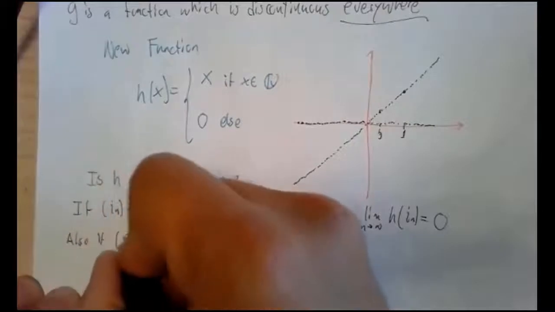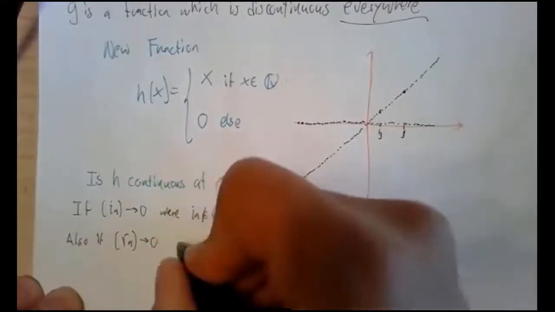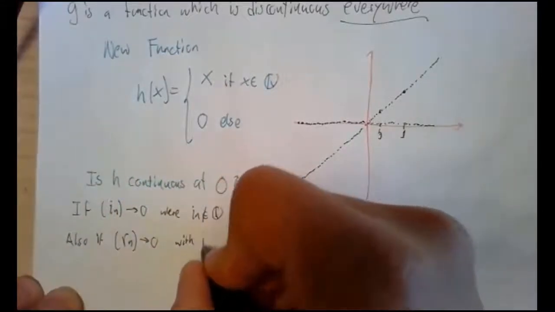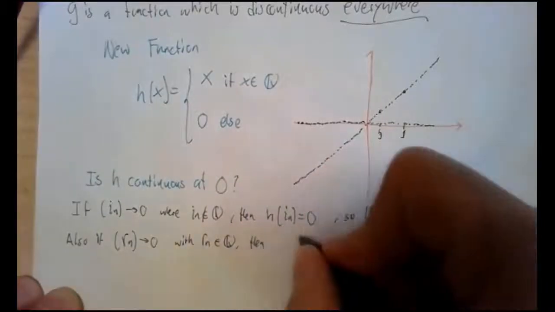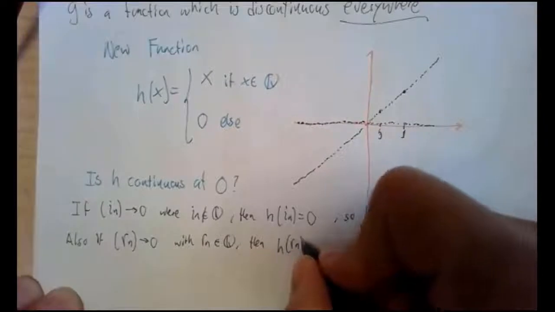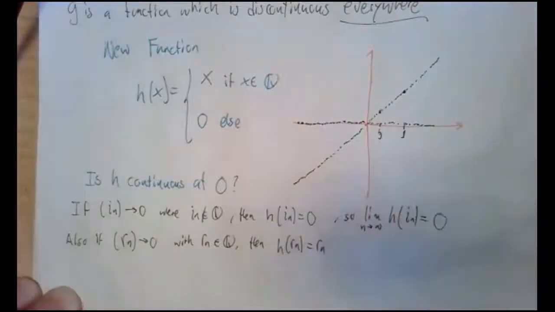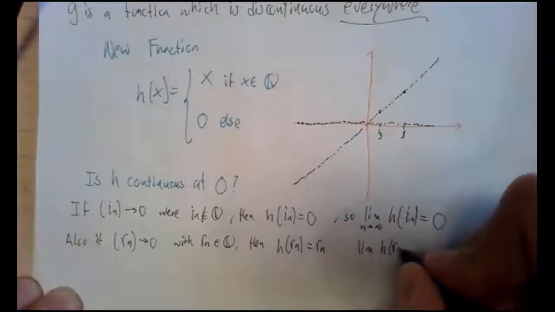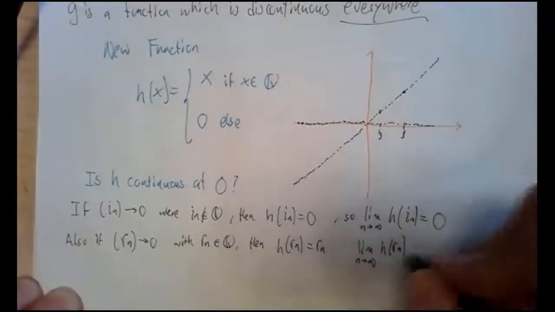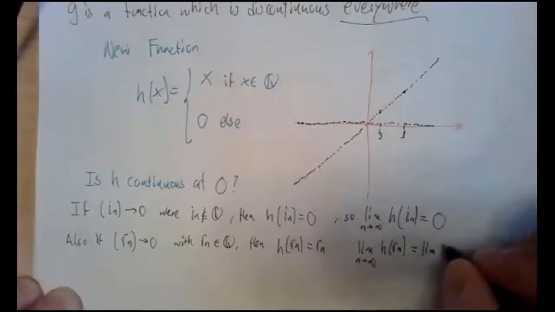So if we pick rational numbers approaching 0, well, then h of r_n will be r_n, right? But what is the limit of h of r_n? Well, that's the same as the limit of r_n.